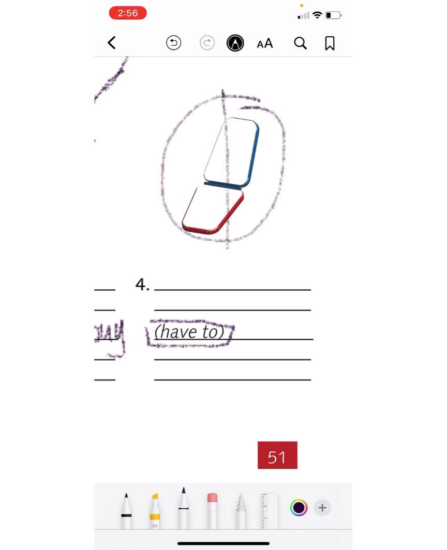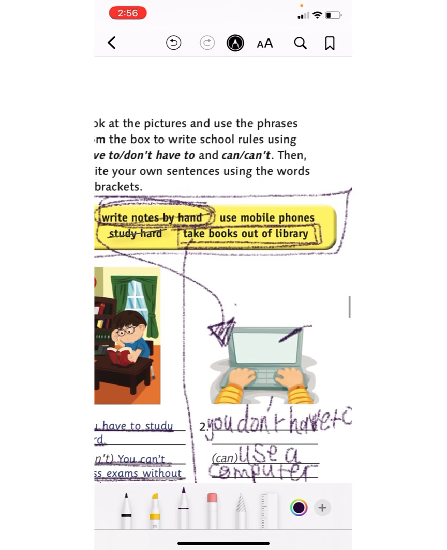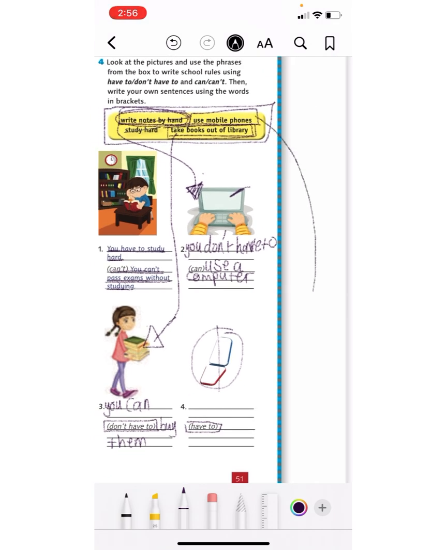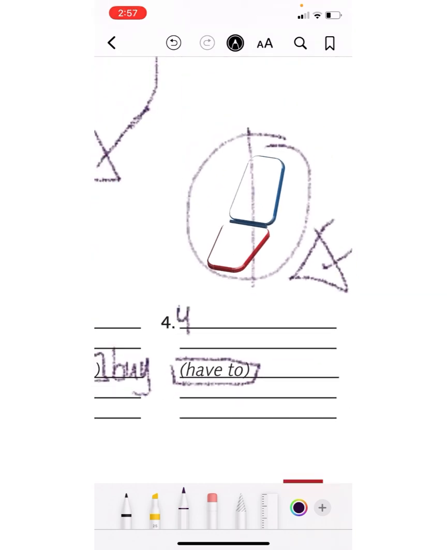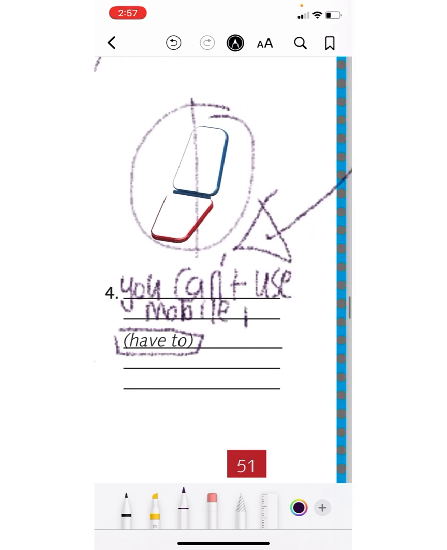أوامر. have to يجب عليك. can't أبدا ما بتقدر. So بدنا نستخدم can't مع have to. Look at the box. هيها use mobile phones. احنا بنتكلم عن المدرسة، قوانين المدرسة. فشو بدنا نحكي؟ You can't use mobile phones at school. صح؟ You have to what?